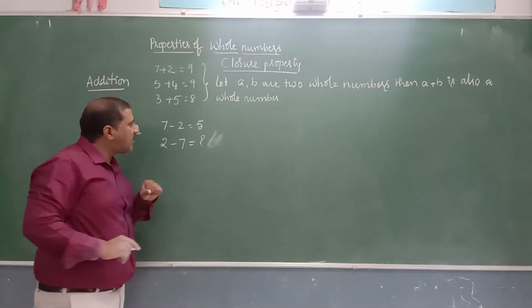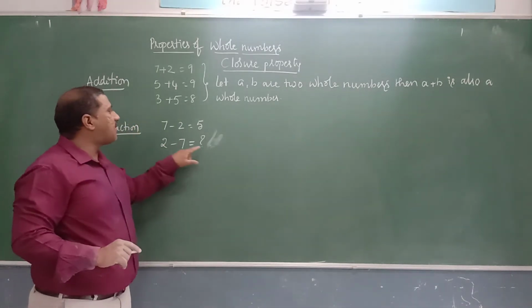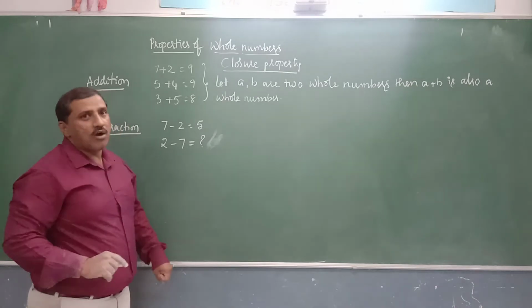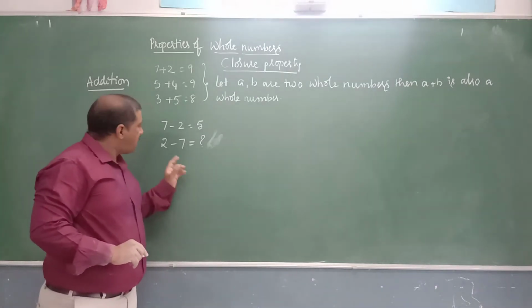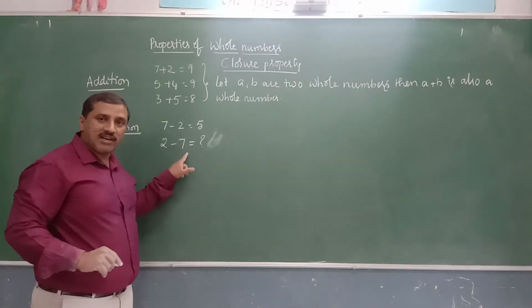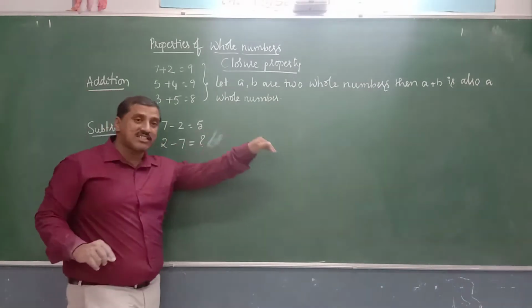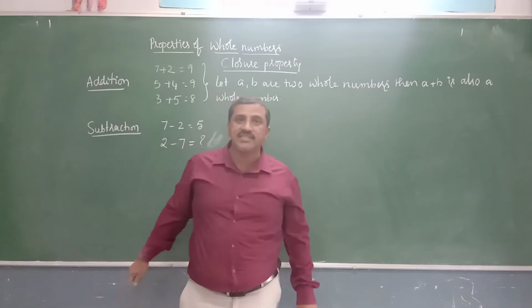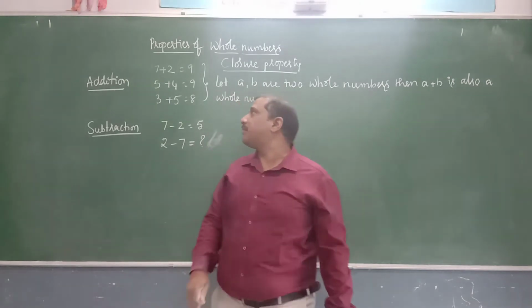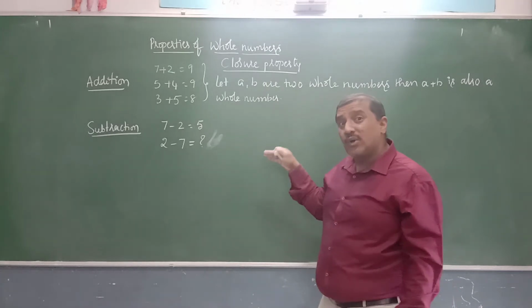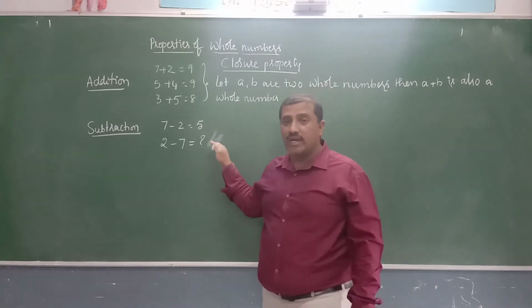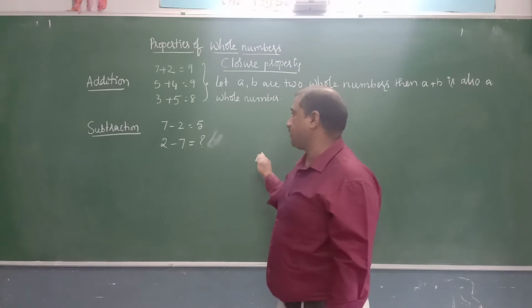So from this we can say that the closure property is not satisfied by whole numbers under subtraction. Why is it not satisfied? Though 2 and 7 are whole numbers, their difference is not a whole number. We get a negative number, and negative numbers are not included in the whole numbers concept.